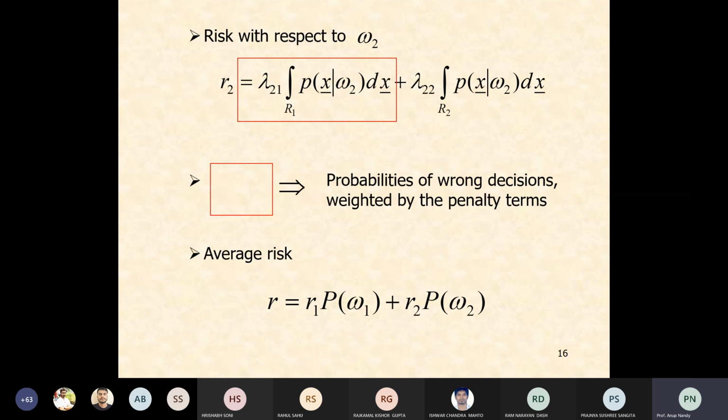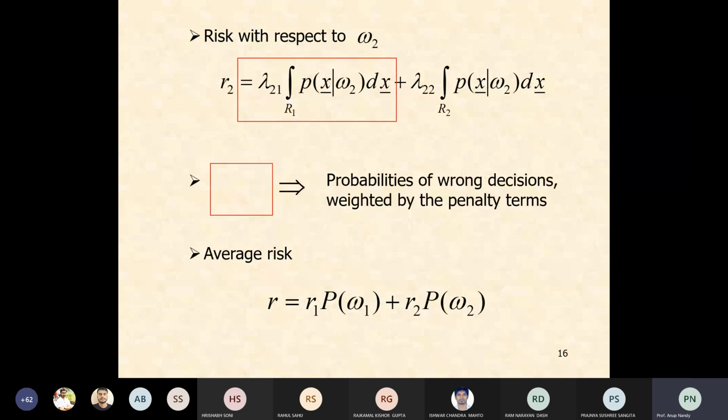R is equal to R1, which we have already seen, this is R12, capital PW1, plus R2, that is PW2. Here PW1 and PW2 are the prior probabilities that we have already seen. If the weights are missing, it means we are assuming that the errors are equivalent.